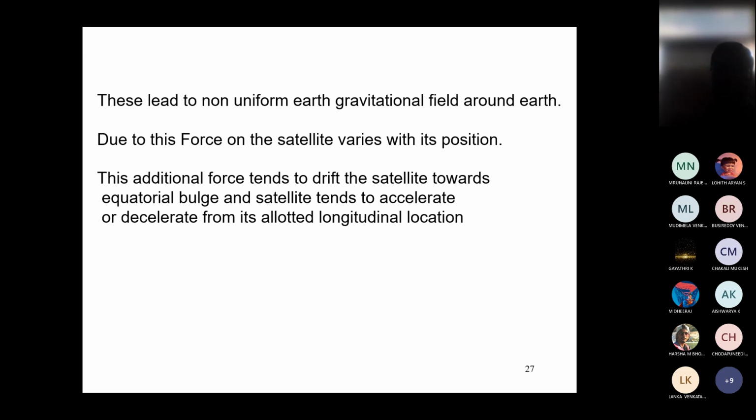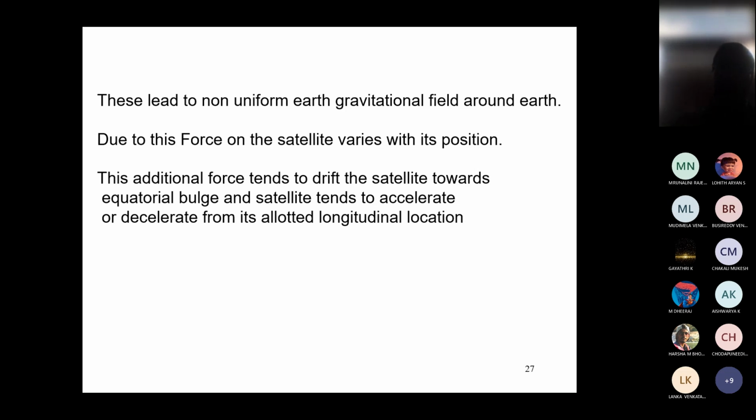At different locations, the satellite experiences different gravitational fields. Then the velocity of the satellite also changes because of the non-uniform gravitational field.